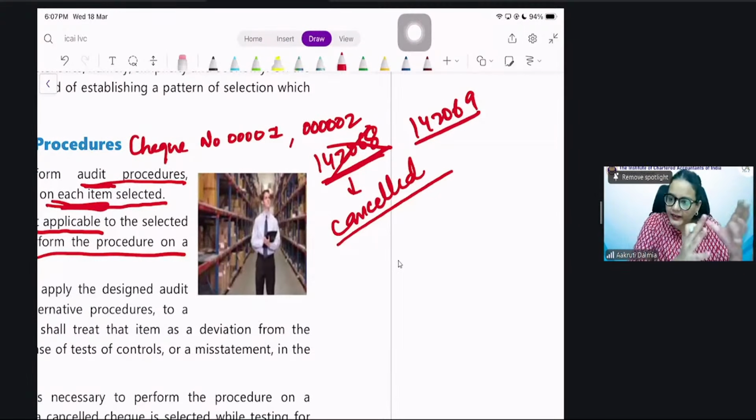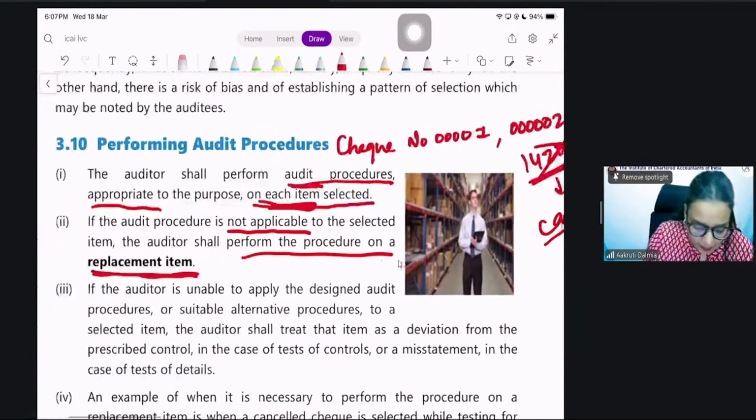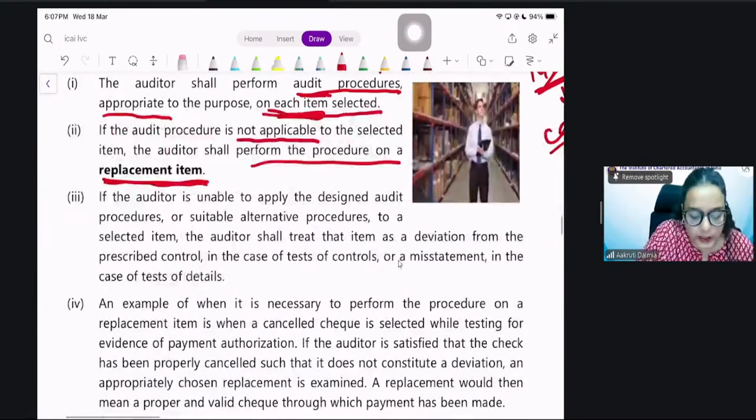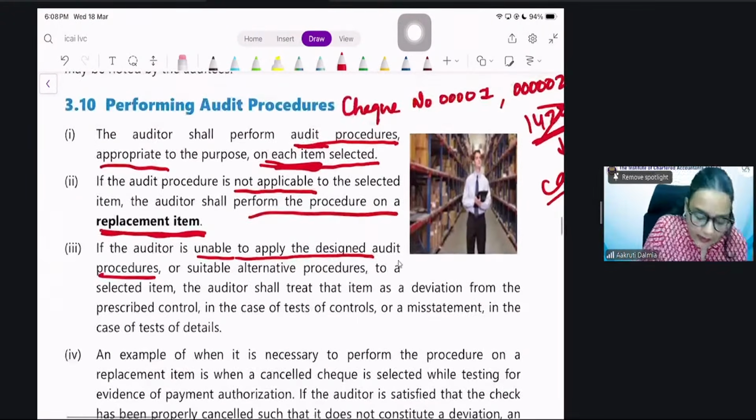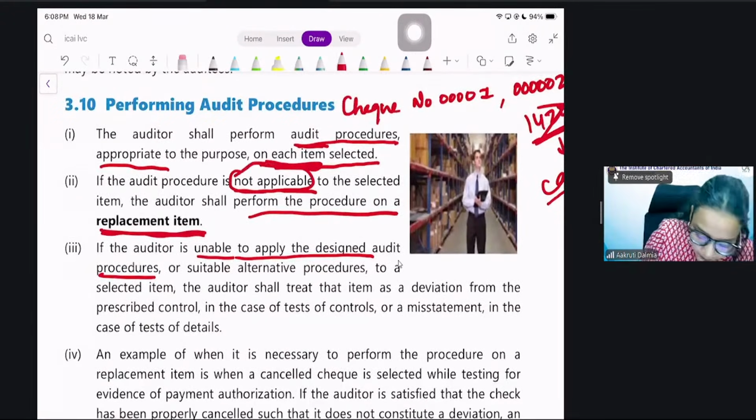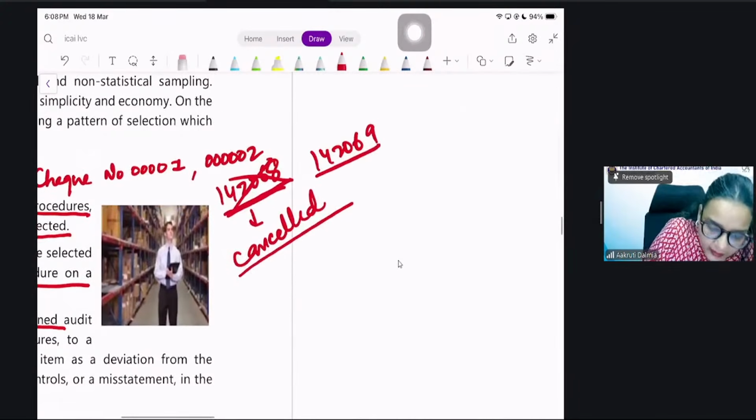So if you have selected some sample and in that sample you find some item on which the audit procedure is not applicable, then you can find a replacement item. Now, let's say you found a replacement item and applied the procedure, but you are unable to apply the designed procedures. What does it mean? Not applicable means you selected it, you found it, but the check was cancelled.